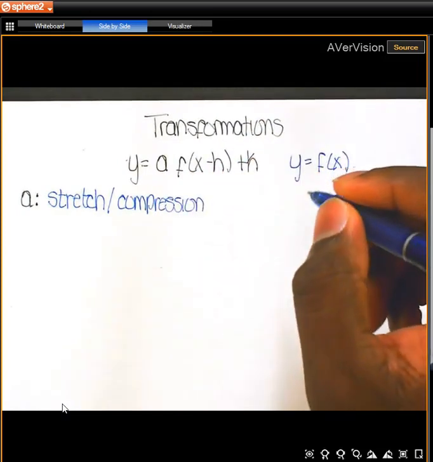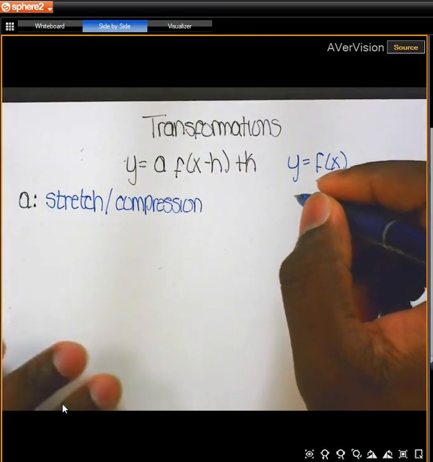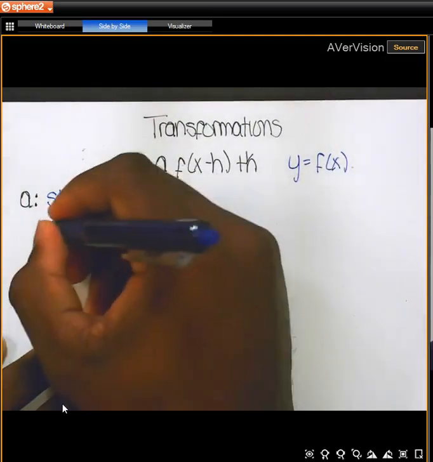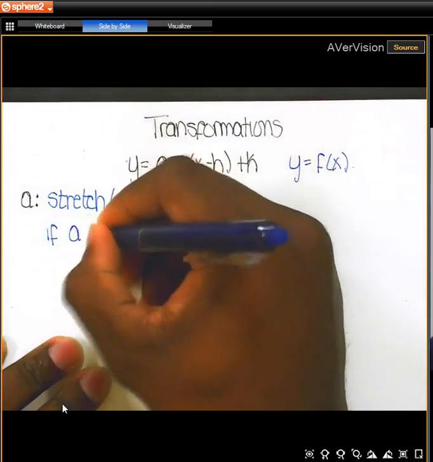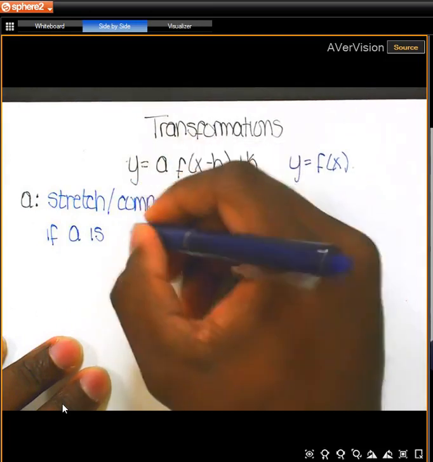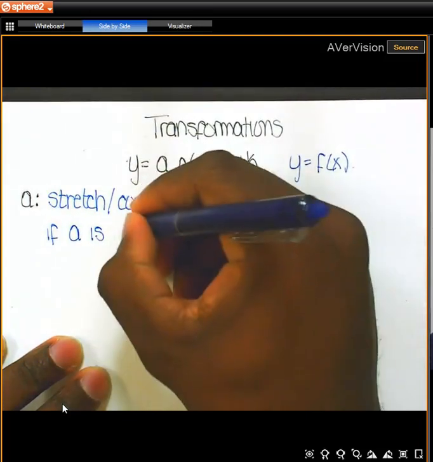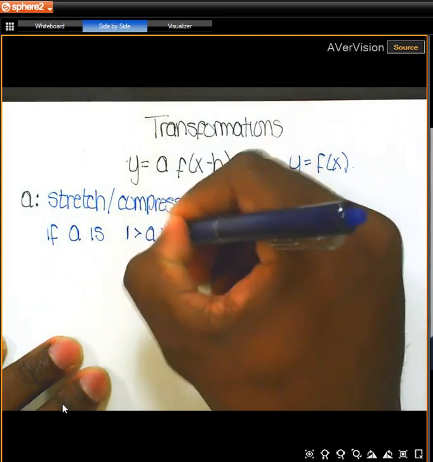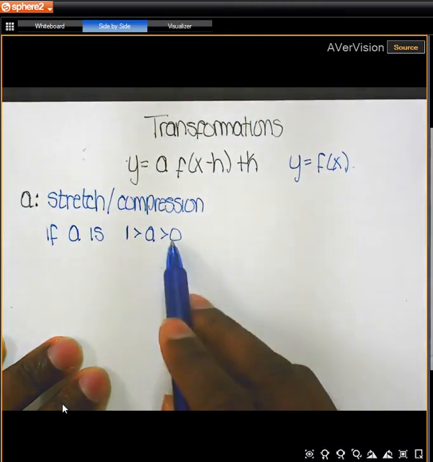Do you remember how to figure out which one it's doing? If it's a fraction less than 1, so this is saying that A is less than 1 but greater than 0.